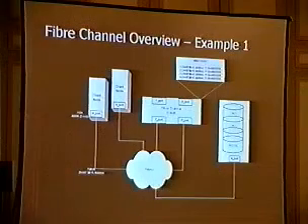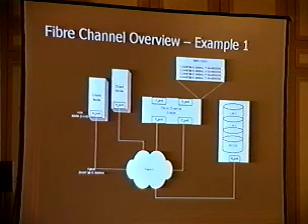So here's a nice, very high-level example of a Fibre Channel SAN. On the left side, you see two client nodes, and they both are end ports. That's an HBA there, and as far as the fabric is concerned, they're end ports.